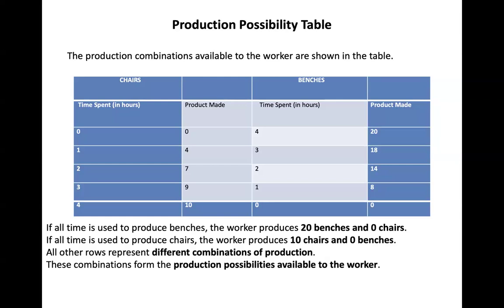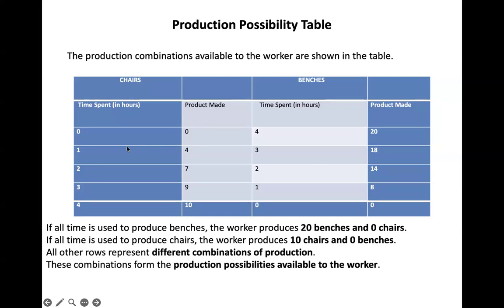If the firm used all the time to produce benches, he can produce 20 benches and zero what? Chairs. If he spends all the time to produce chairs, he can produce 10 chairs but zero what? Benches. All the other rows represent different combinations of what? Production. So this combination forms the production possibilities available to the worker.